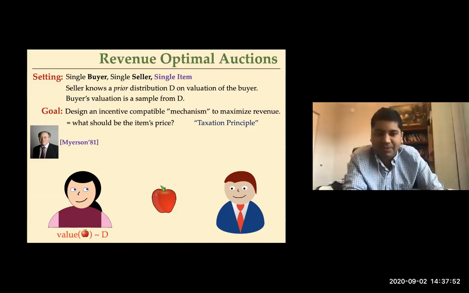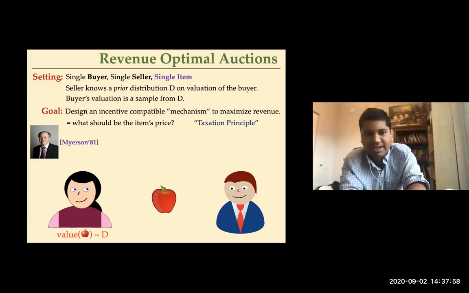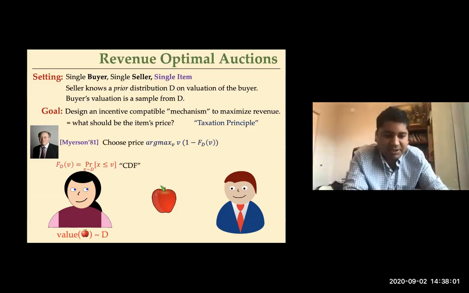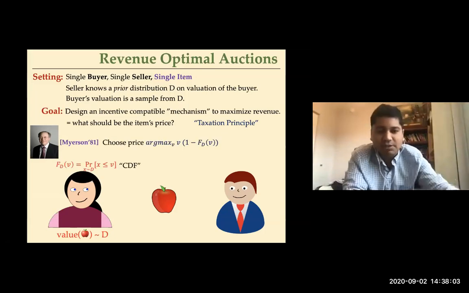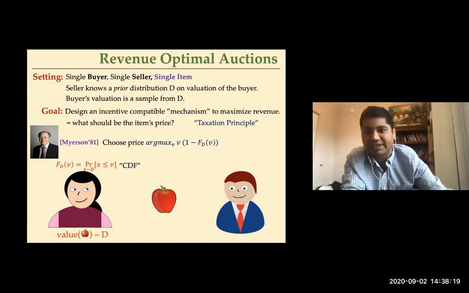That's your goal. So again, Myerson, in the same paper, solved this problem correctly. And it turns out it's very simple to solve this problem. What Myerson observed was that, let's say you sell the item at price v, then the buyer will buy it only in the situation when their valuation turns out to be at least the price you set.